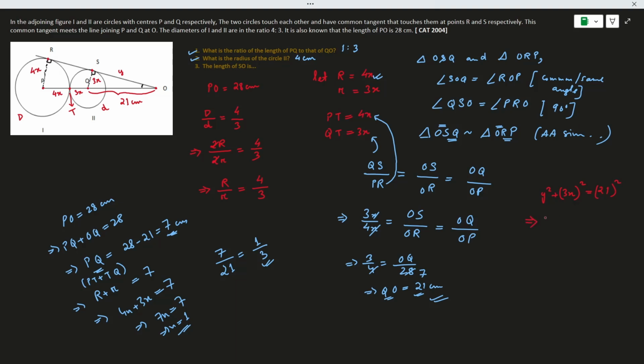I need to find the value of y. x is 1, so this will become 9. So 21 square is 441 minus 9. What is the value of y? y is SO, so this will be root 432 centimeters. So this is also the answer.